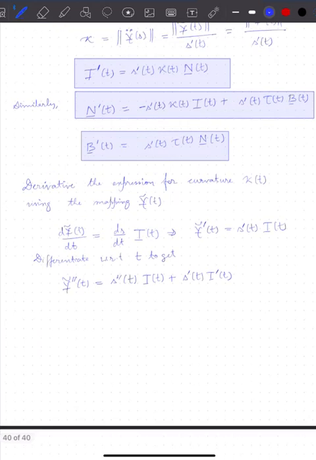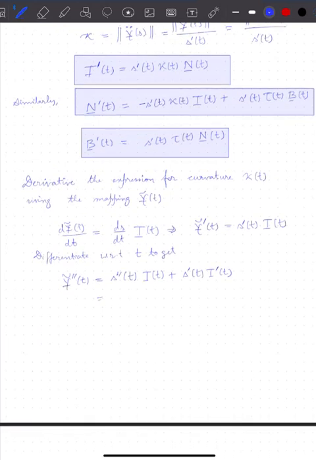And as we recall, since we have the expression for this as well, t prime of t is s prime kappa, so it is s prime of t whole squared kappa of t and then n vector of t.